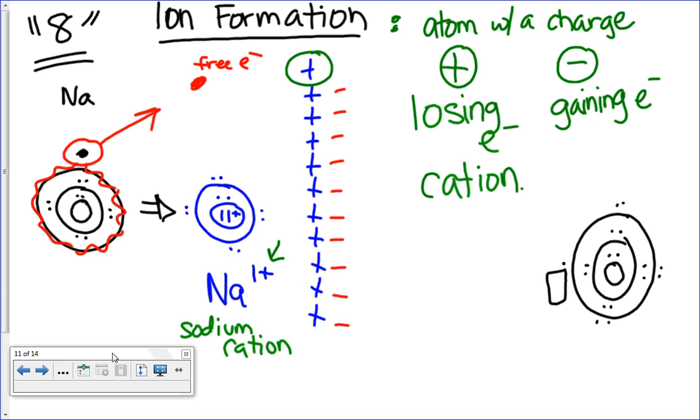So it's going to pick up an electron from somewhere and use it to fill that empty space. So chlorine has gained an electron. When you gain an electron, we call that ion an anion. Anions are negatively charged. Since this gained 1 electron, the chlorine anion is Cl with a 1 minus charge.